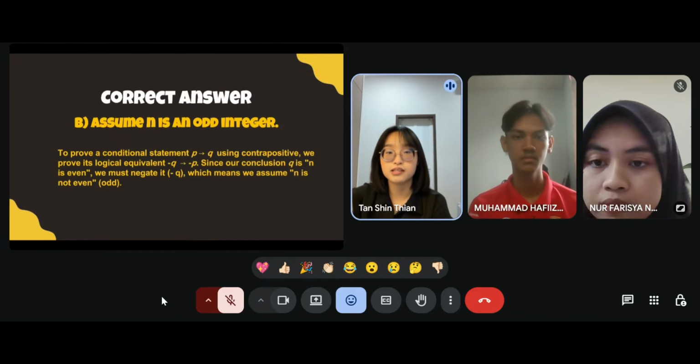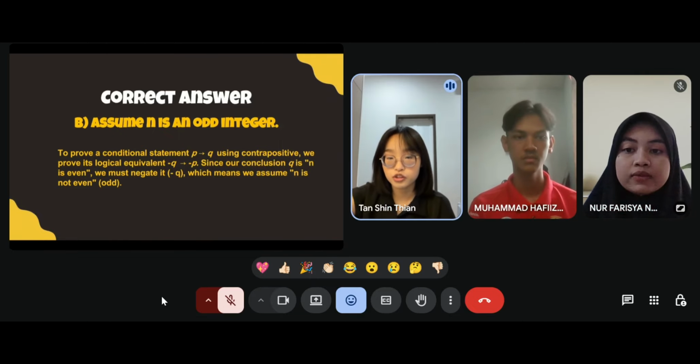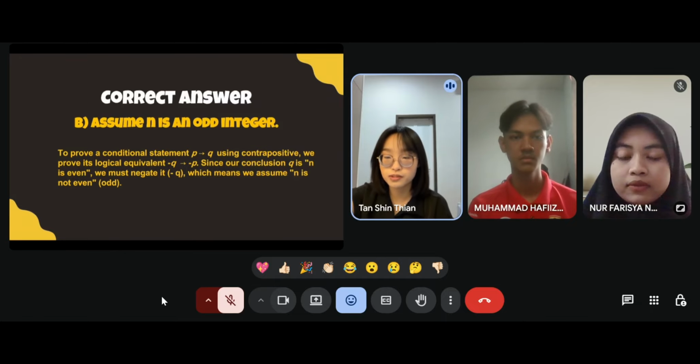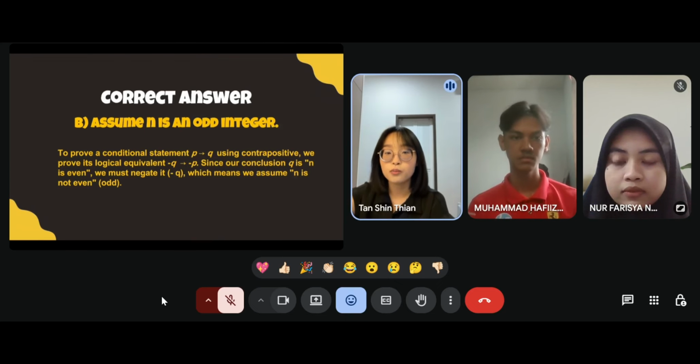So the answer is B, assume n is an odd integer. To prove a conditional statement P implies Q using contrapositive, we prove its logical equivalent, not Q implies not P. Since our conclusion Q is n is even, we must negate it, becoming not Q, which means we assume n is not even, which means n is odd.